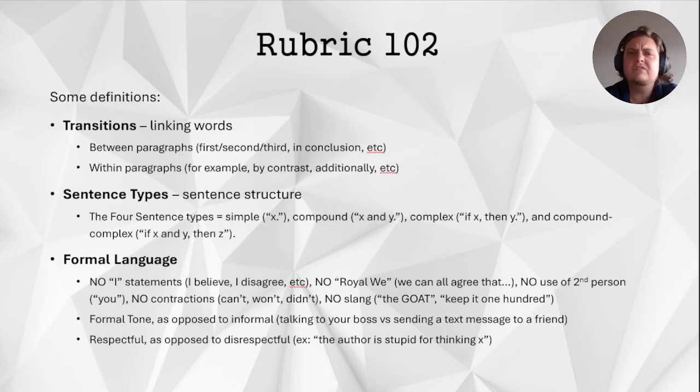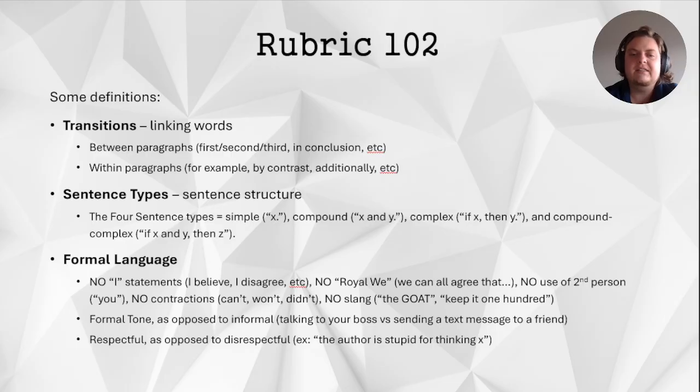So some definitions, and you should be familiar with these from class, or at least the sentence types we'll get to in a future week, but for now, within the first couple of weeks of class, we definitely discuss transitions, which are linking words that are used both between paragraphs and within paragraphs. Sentence types refer to the 4 sentence types, which are 4 different ways of structuring sentences based on different ways of linking clauses together.